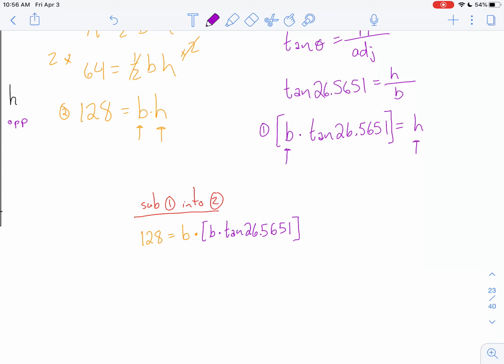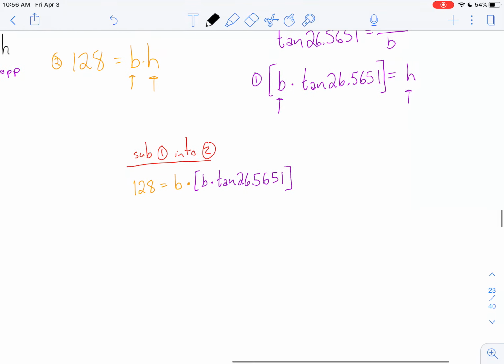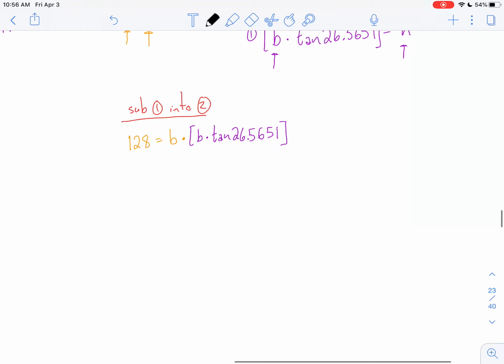So I've simply replaced h with what it's equal to in the other equation. Relatively straightforward there. Then we've got to do a bit of math. 128 is equal to b times b, which is b squared, times tan 26.5651. I'm getting a little tired of writing out all those decimal places.